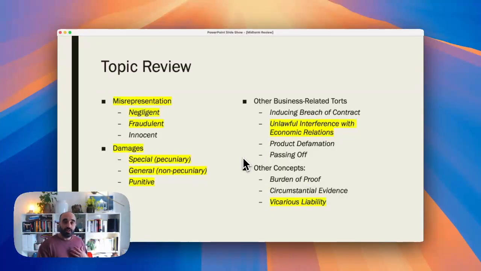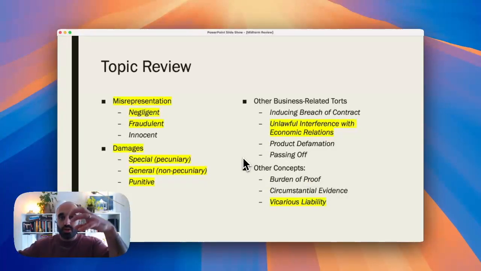We then talked about unlawful interference of economic relations. That's when the defendant does something unlawful or illegal or commits a tort against a third party or someone else, not directly at the plaintiff, and yet those harms cause injuries to the plaintiff. So the idea is, again, you need three parties, more than the two parties involved.